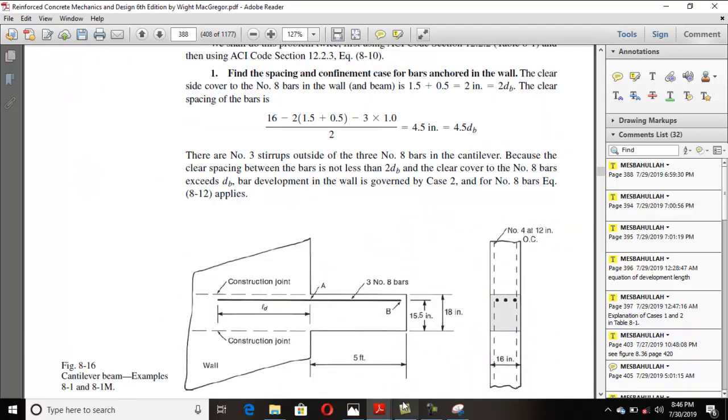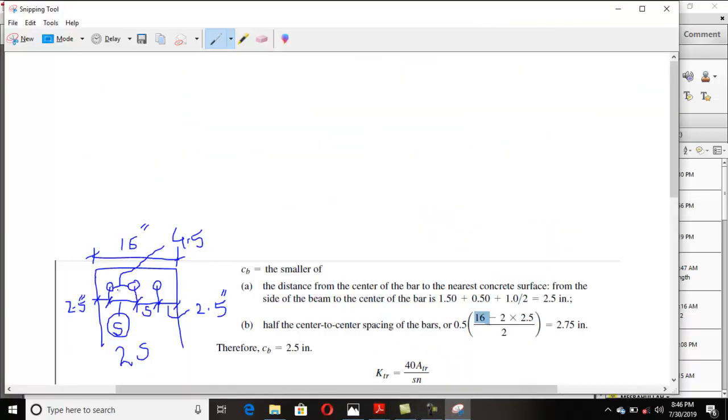4.5 inch, yes. So the clear spacing between these bars is 4.5 inch. If I add this half and this half, to the center of this bar and to the center of this bar, what does this give me? The diameter of this bar is 1, so 1 divided by 2, plus the diameter of that bar is also 1, so 1 divided by 2 gives 0.5, and 0.5 plus 0.5 is 1, giving me 5.5.